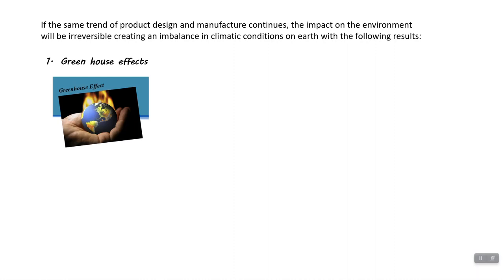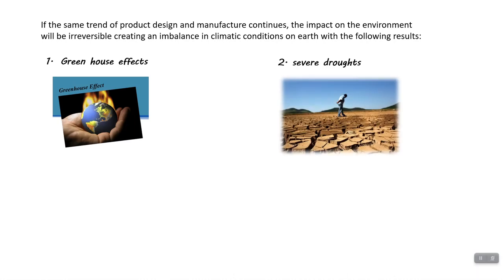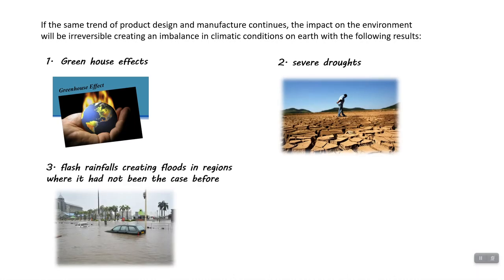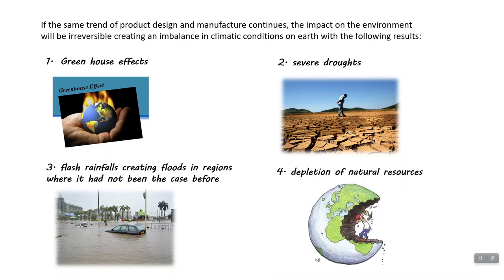If the same trend of product design and manufacture continues, the impact on the environment will be irreversible, creating an imbalance in climatic conditions on the Earth with the following results: the greenhouse effect, severe droughts, flash rainfalls creating floods in regions where it has not been the case before, as we have seen in Mauritius some years ago and even this year, and depletion of natural resources.